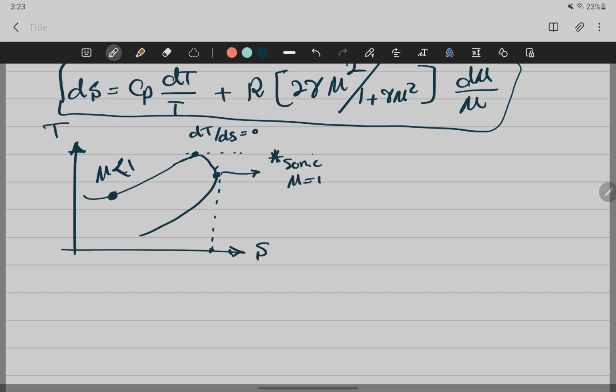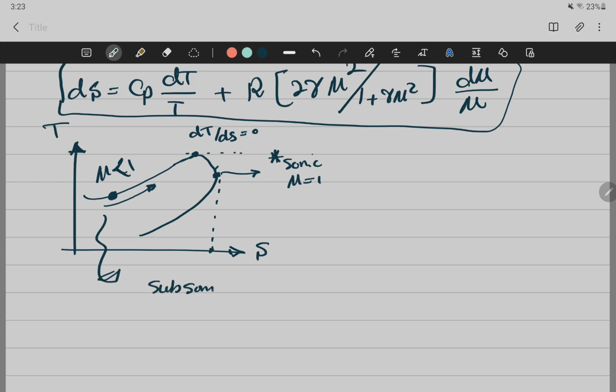If you heat your system, you are going to cause an acceleration. Heating a subsonic flow will cause an acceleration, which means that you are going to move towards this sonic condition, at which you will experience choking.